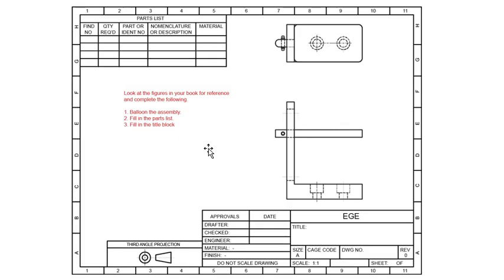Okay, so let's take a look at our problem. First, this is your sheet. We're going to look at the figures. This is from your book, so go to your book for reference. First you have to show the parts with your balloons, then you're going to fill the part list right here, and then you're going to fill the title block.